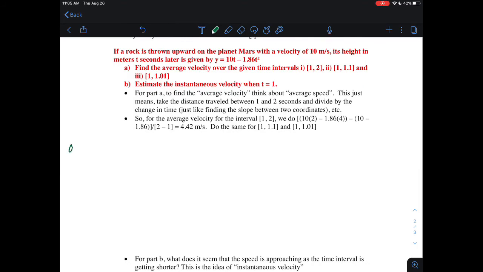So for part A, for average velocity, we can think of this as the distance divided by time. To figure out the distance, it really just means the change in position. So, change in position.